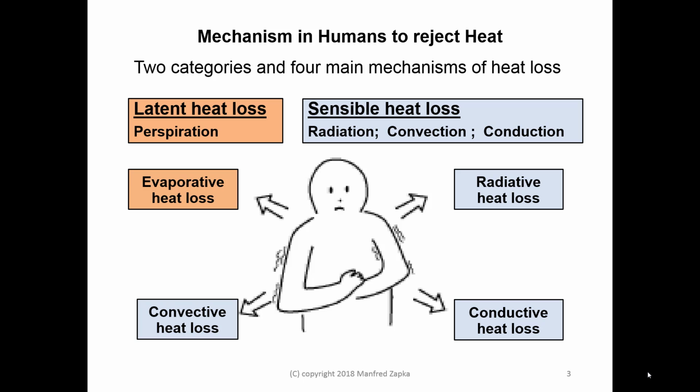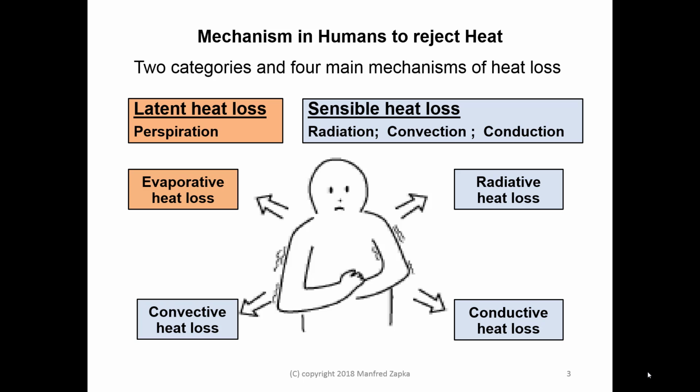The human uses four main mechanisms to lose heat, and we can divide this into two categories. We call this latent heat loss and sensible heat loss. Latent heat loss is associated with perspiration, when we sweat.